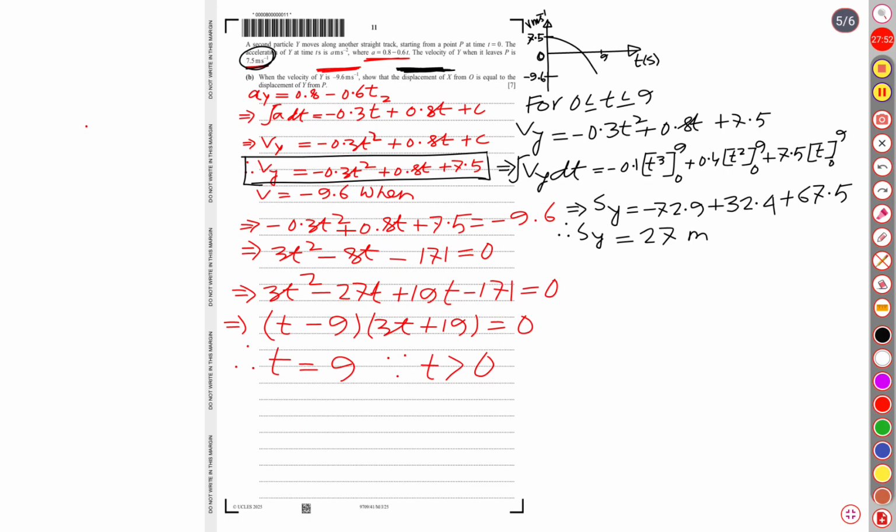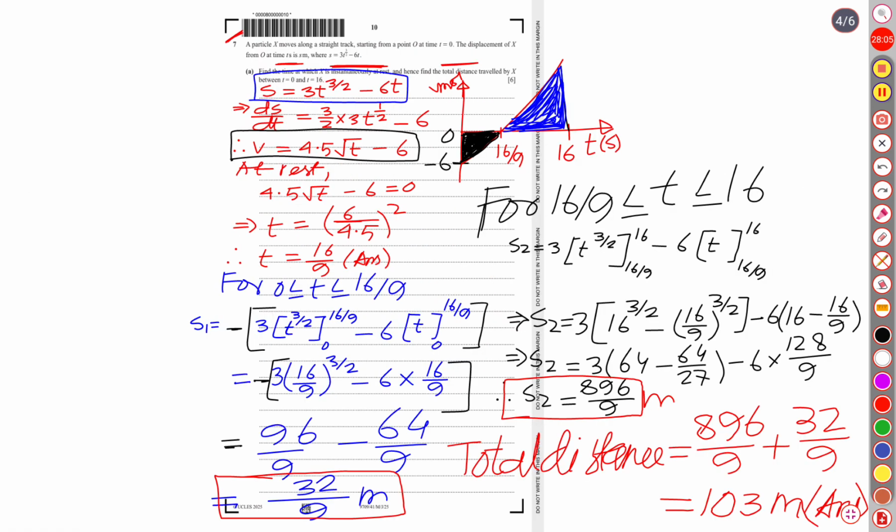Now we should know what the displacement of particle x was at 9 seconds. The displacement expression for particle x is already given. It was s equal to 3t raised to 3 over 2 minus 6t.